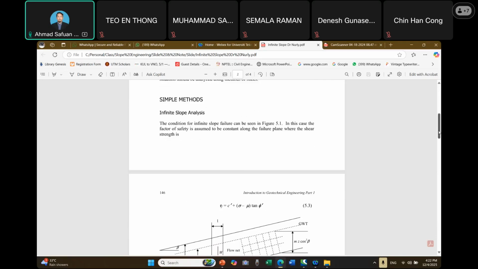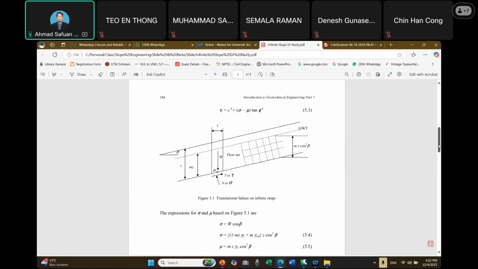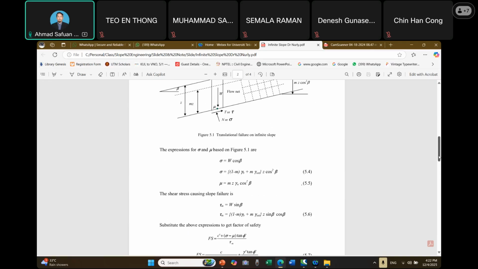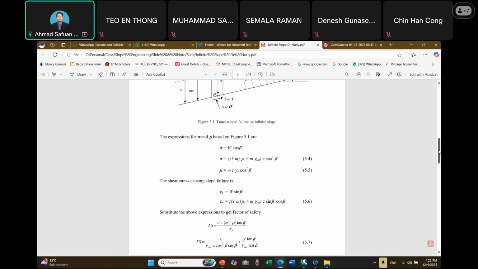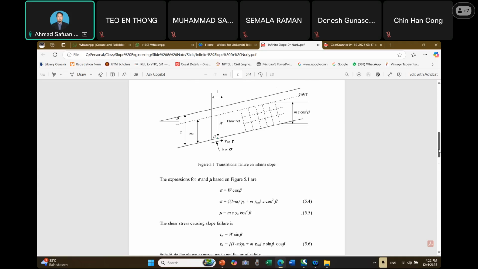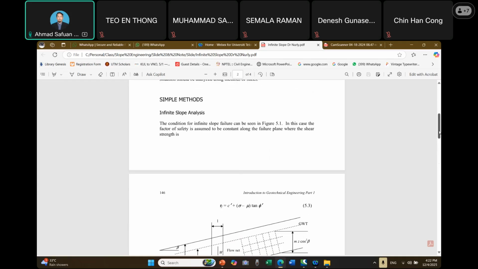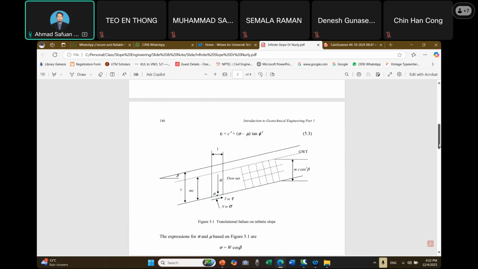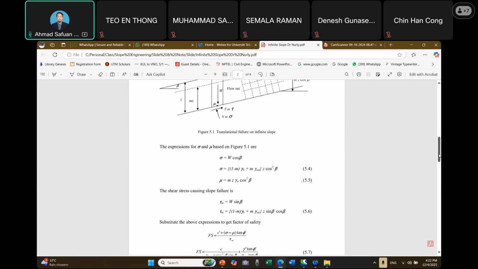Then we try to use the simplified methods to check the result. Basically, this is the derivation work, where we have the tau f, then we get the tau m.